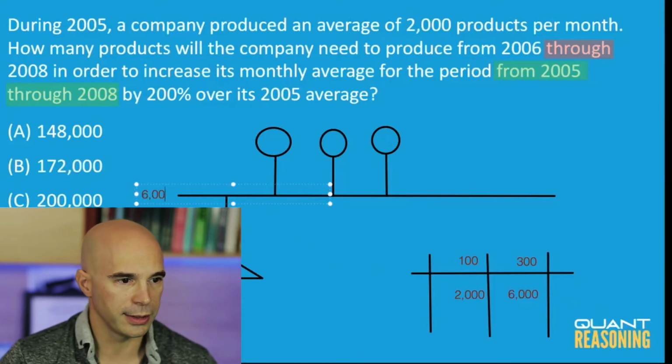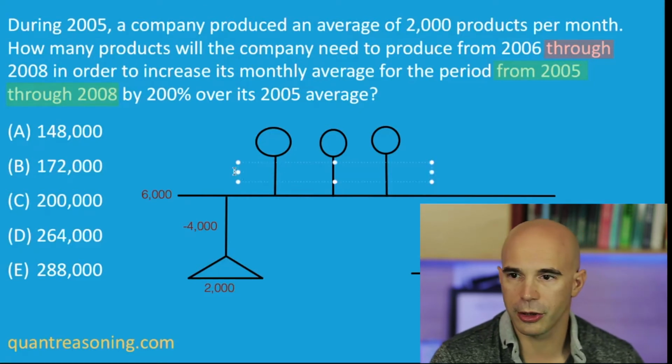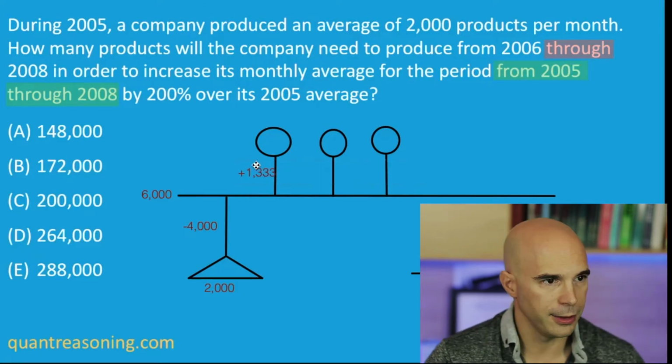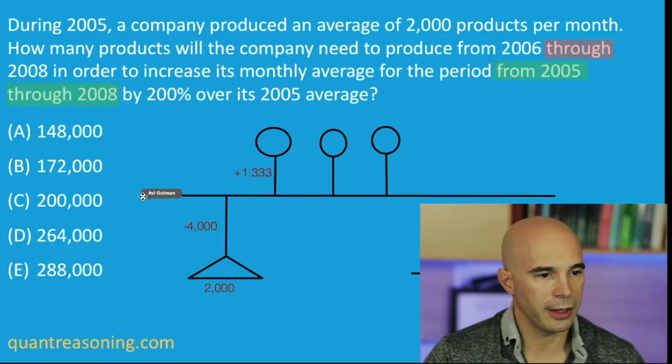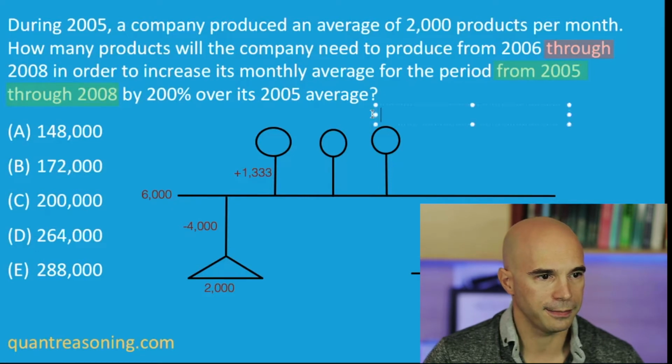Yeah. And we have a delta there of 4,000 below, which means that each of these deltas will be how much? 1,333 and a third, each of those. So that's 1,333 above 6,000. So that's 7,333. That's each of these.